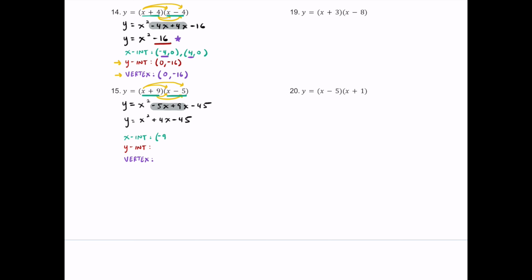When x is negative 9, y will be 0, and when x is positive 5, y will also be 0. For the y-intercept, when x is 0, y will be negative 45.